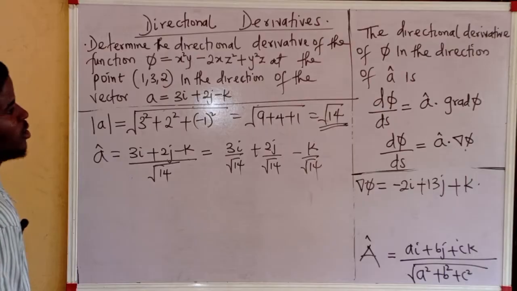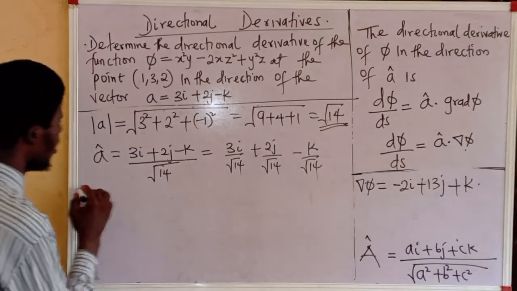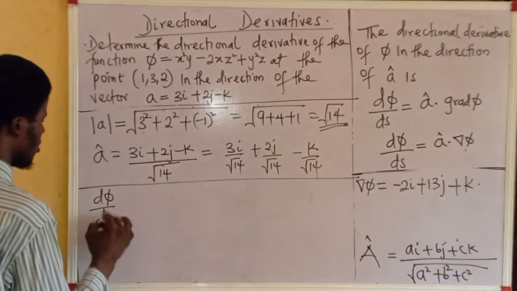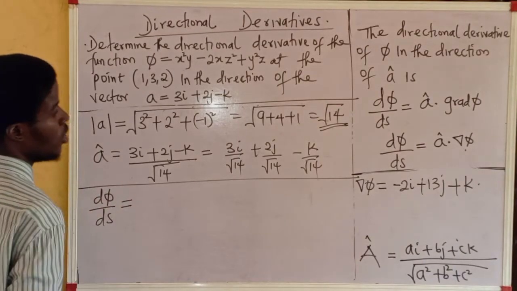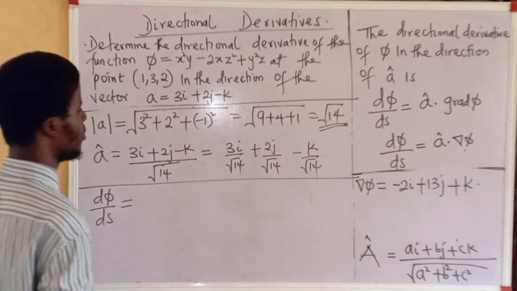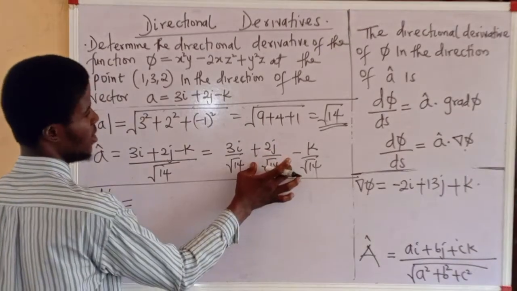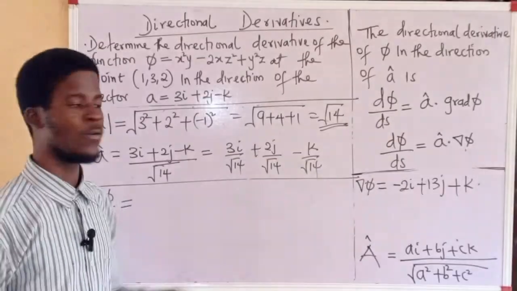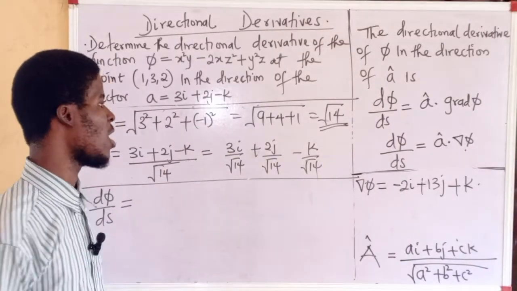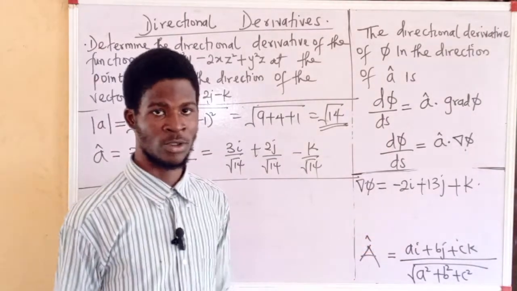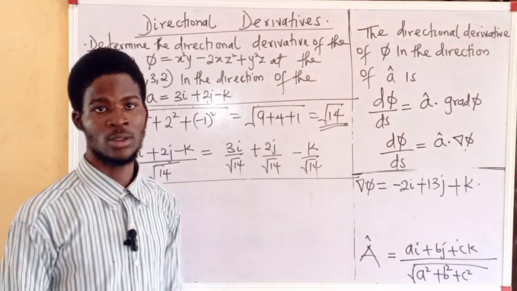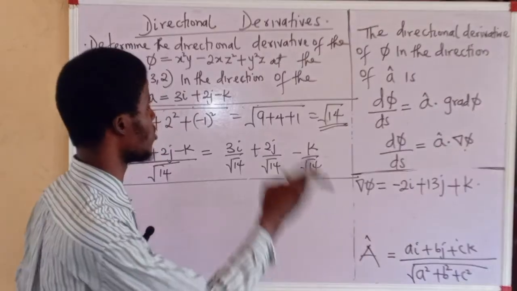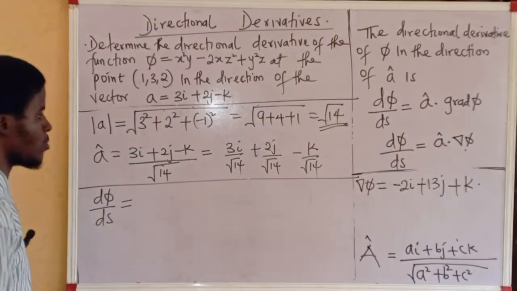We can now determine the directional derivative, d phi over ds. It is equal to the dot product of this and this. Already there's a video for unit vector and there's a video for dot product, triple product as well. So you can watch to learn how to determine dot products, unit vectors, and so on.